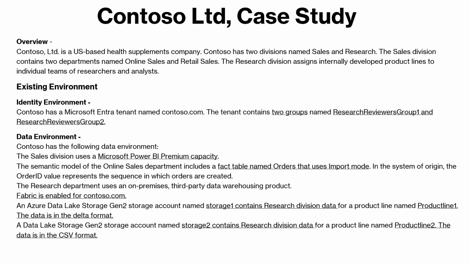And right now they have two types of storage: storage 1 which contains the research division data, and storage 2 which contains the research division data for the product line named product line 2. For the first storage, the data is in Delta format, and for the second one the data is in CSV format.